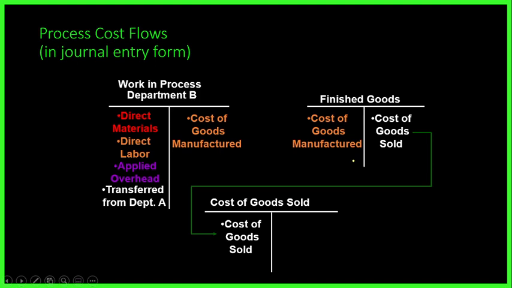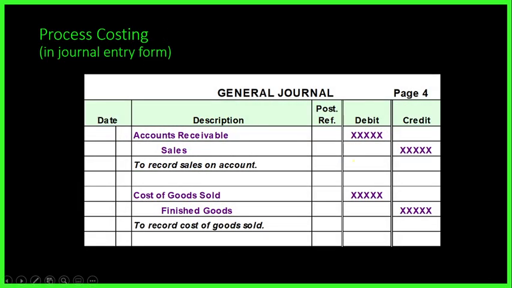To record that, don't forget to record the sale, assuming it was sold on credit. So that will be debit to accounts receivable and credit sales. And of course, you debit your cost of goods sold and credit your finished goods. This is under the assumption that we are using the perpetual inventory system.